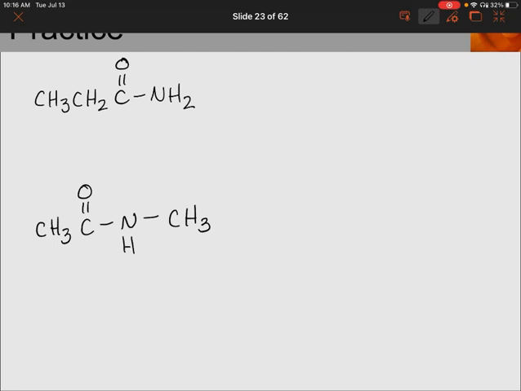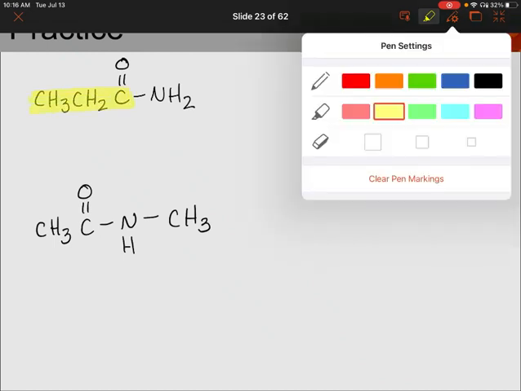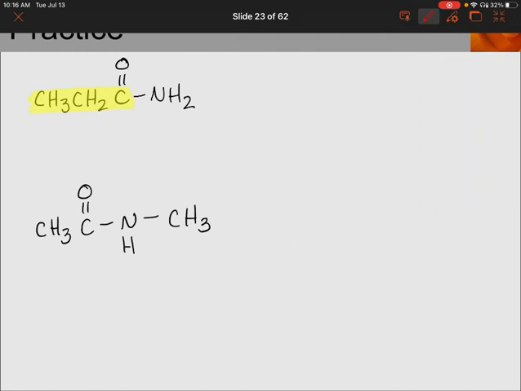Okay, let's start with the first one on the top. We're going to pretend that this is a carboxylic acid instead of an amide, and then we can name it according to that. So we've got a 3-carbon chain here. So, let's go all the way back. If this were an alkane, we would call this propane, right?